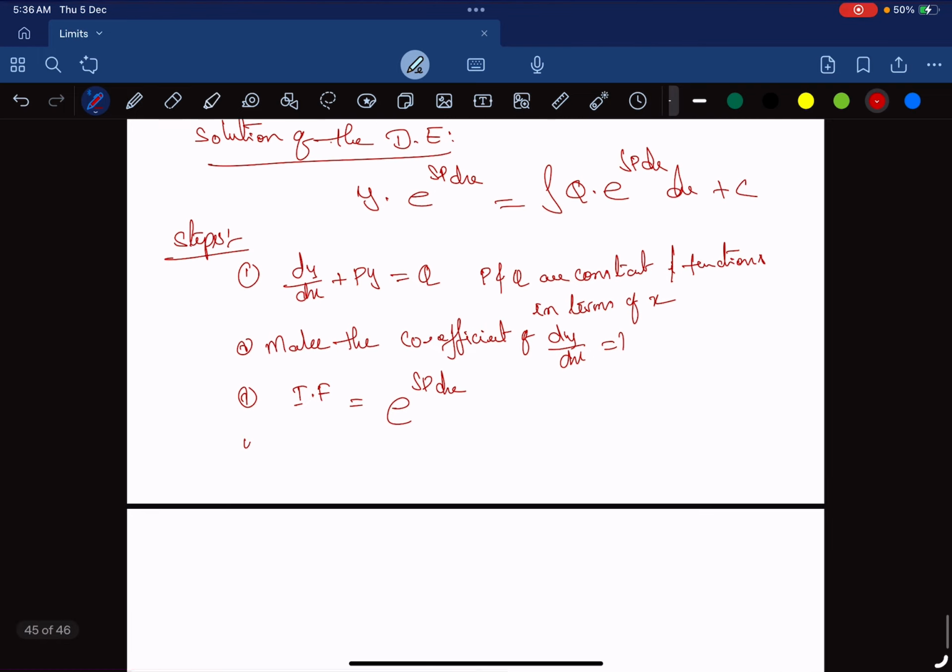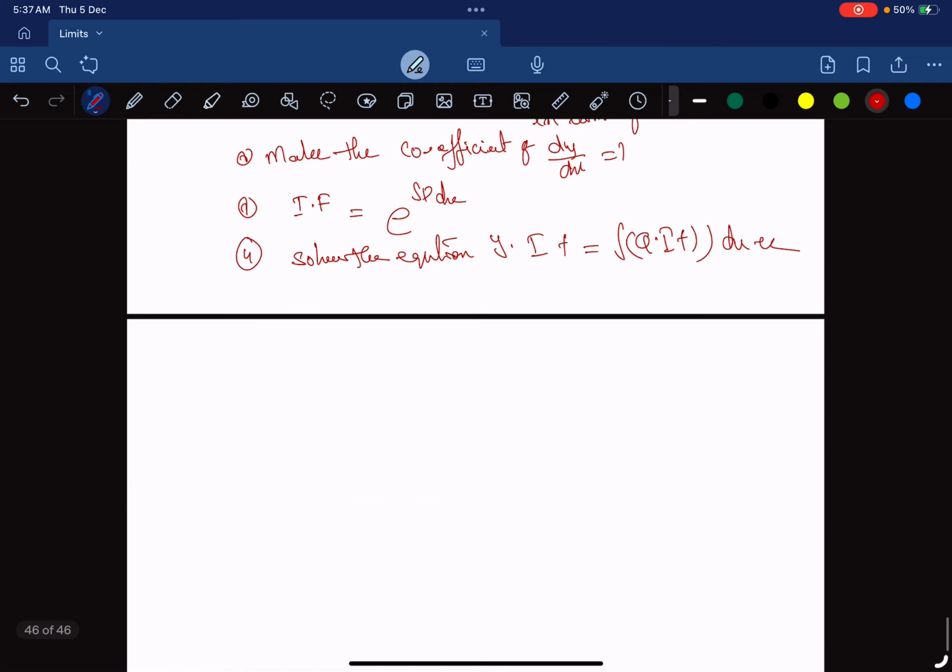Fourth, solve the equation: y into IF is equal to the integral of q into IF dx.